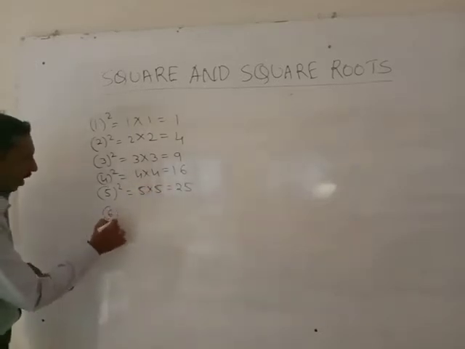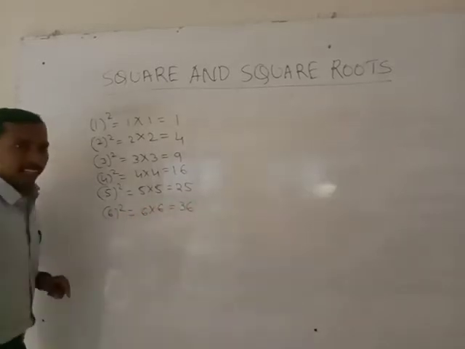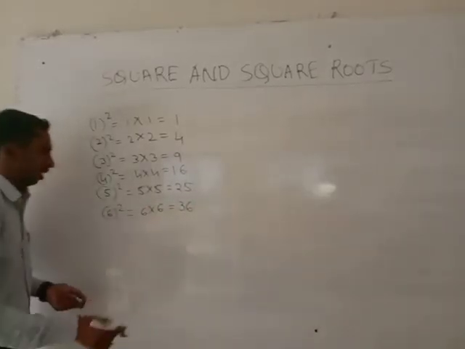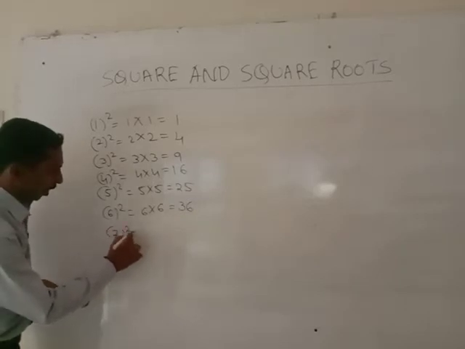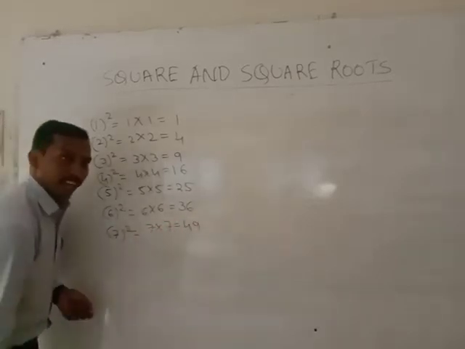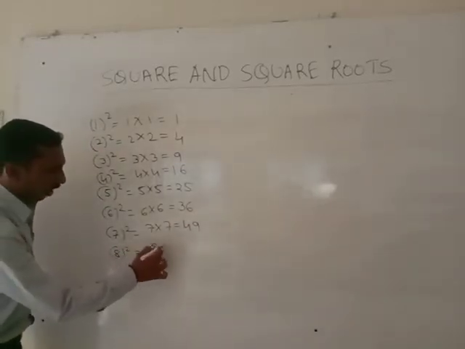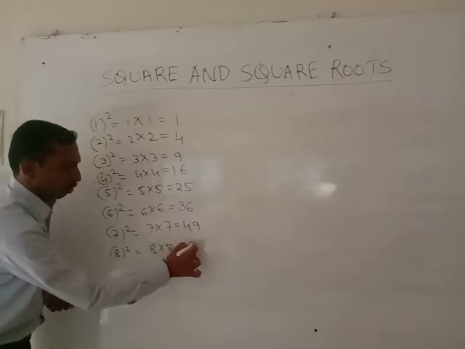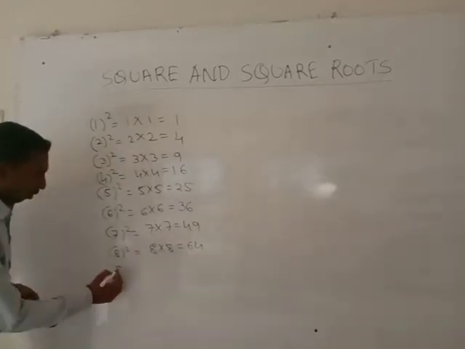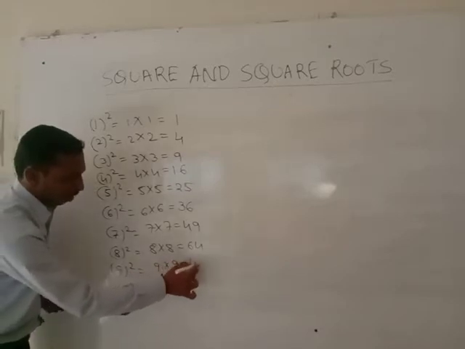Here 6 square is nothing but 6 into 6 is equal to what? 36. Now 7 square. 7 into 7 is equal to what? 49. Now 8 square. 8 into 8 is equal to 64. Now 9 square. 9 into 9 is equal to what?